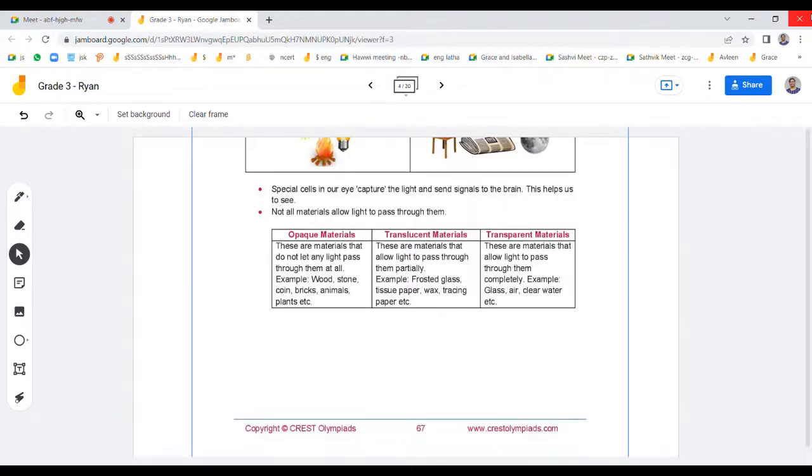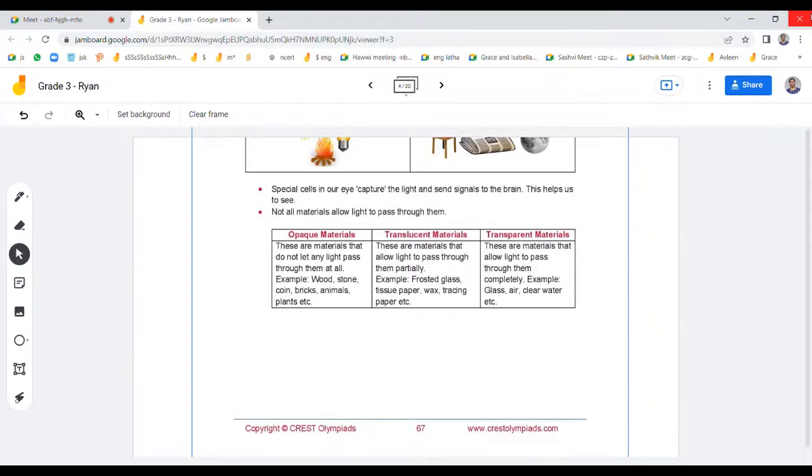The first point is that special cells in our eye capture the light and send signals to the brain. This helps us to see. So what are those special cells called? Eye cells?